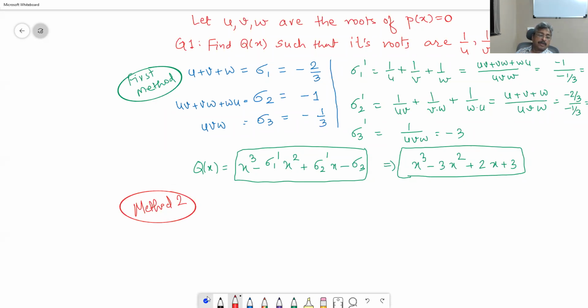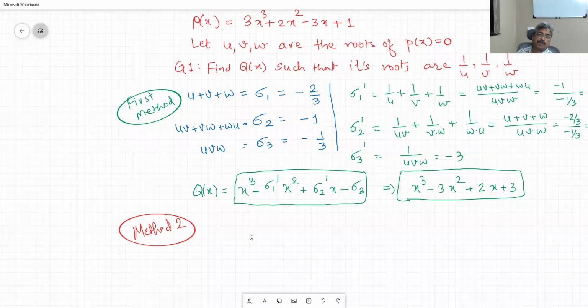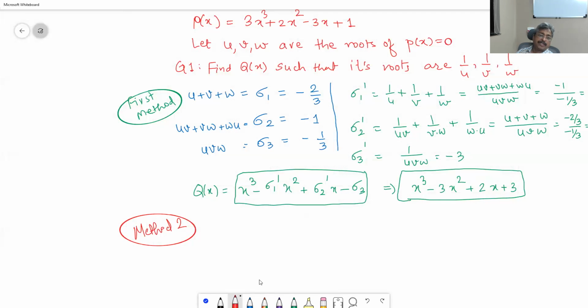Now, this is important, and you need to understand what is happening here, because if you understand, then you are there, and it is a short method, less time consuming. So P of x is equal to 3x cube plus 2x square minus 3x plus 1, and we are saying u, v, w are roots.